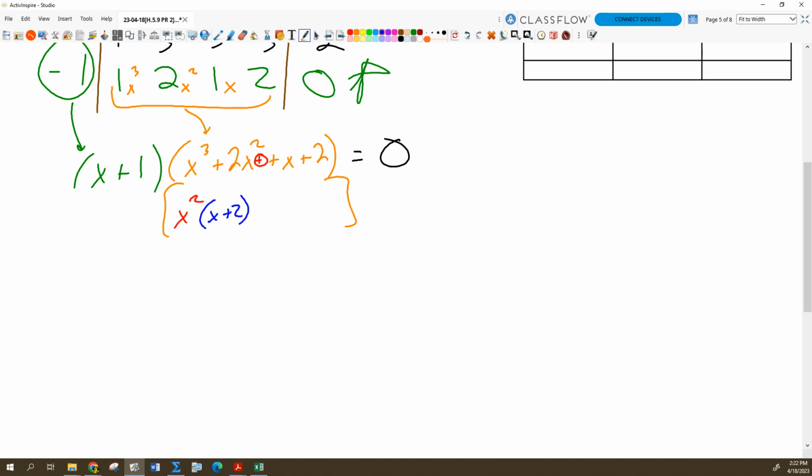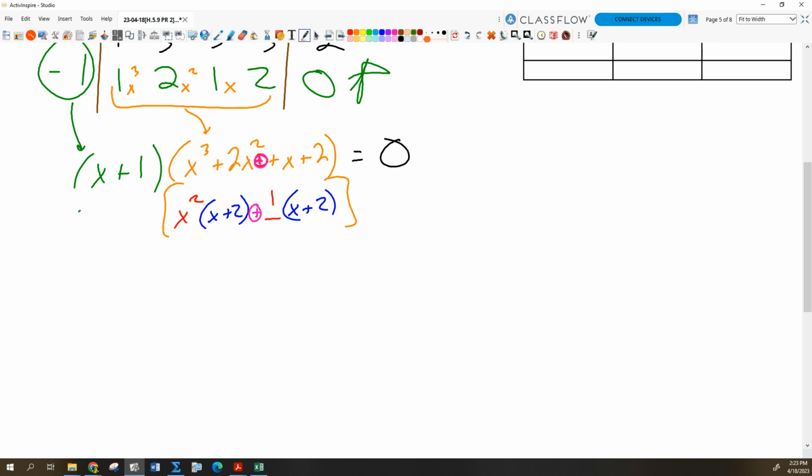Okay, so then I've got my plus sign between the groups. I already know it's going to work. So what factor is guaranteed to be in group 2? Well, the binomial has to be in both, right? So I know I've got an x plus 2 times 1, right? Okay, so then what?